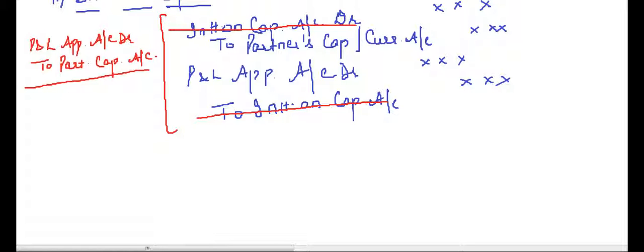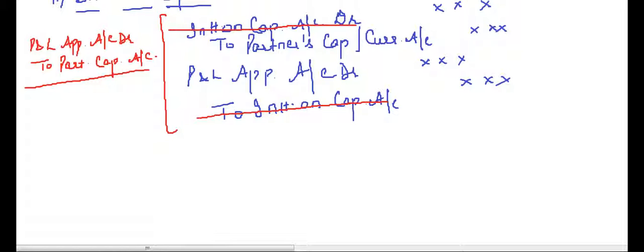Because it is an expense for the firm, it is debited, because the rule says debit all expenses. Interest on capital is debited. Partners' capital or current account is credited because the partners become our creditors. When we pay this interest on capital, we pay it through the P&L appropriation account.